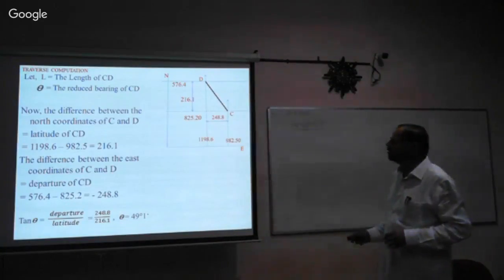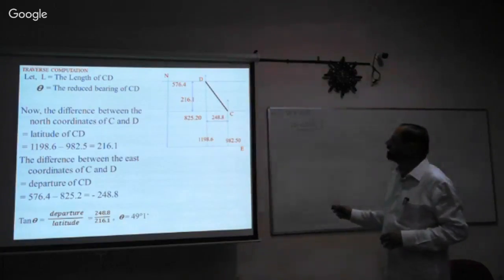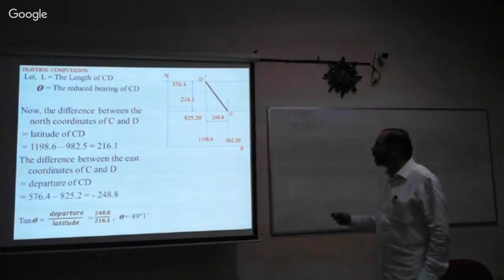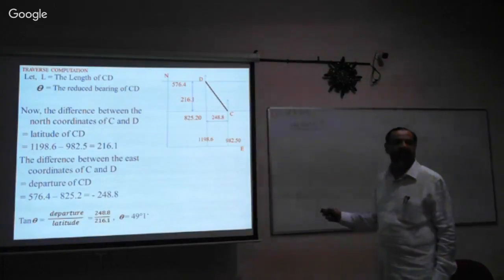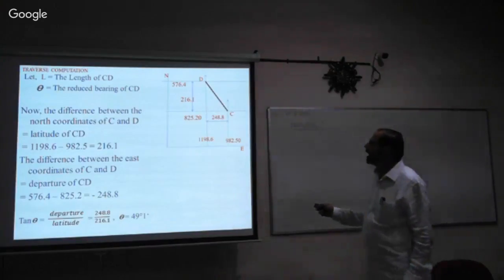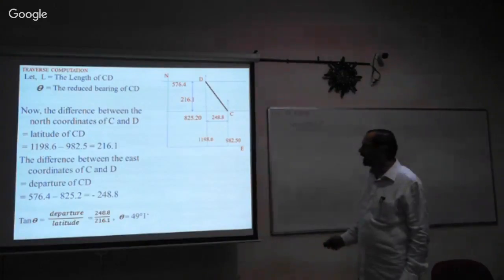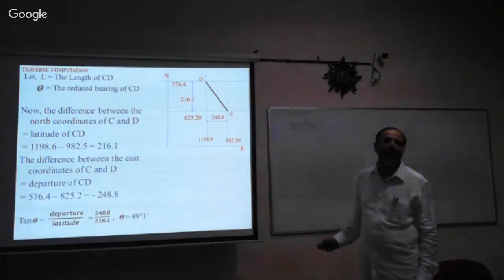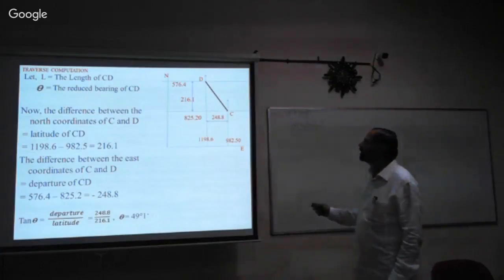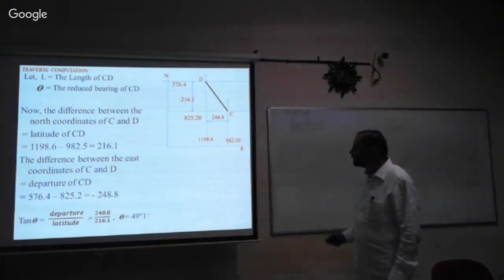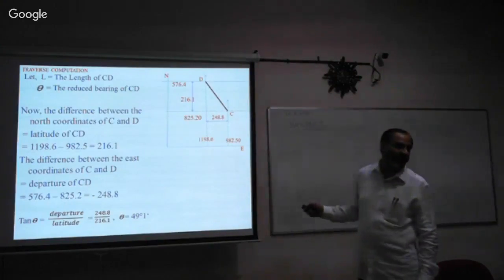Here we have considered this as theta, therefore tan theta is equal to opposite divided by adjacent, which is departure over latitude. After calculating, theta is 49 degrees, isn't it?